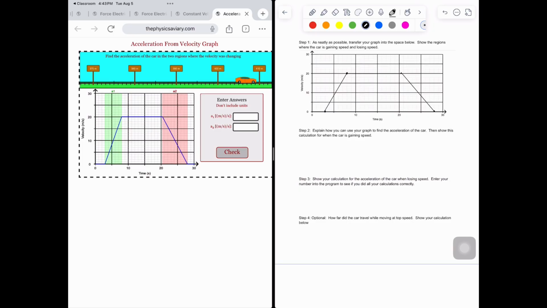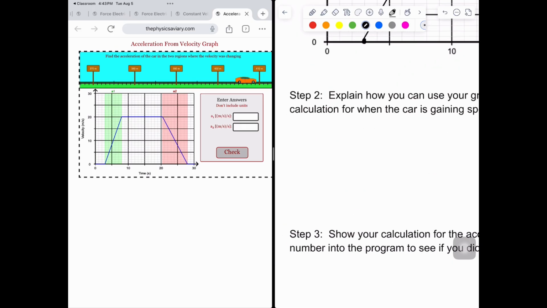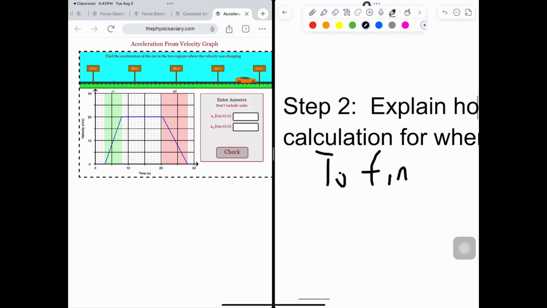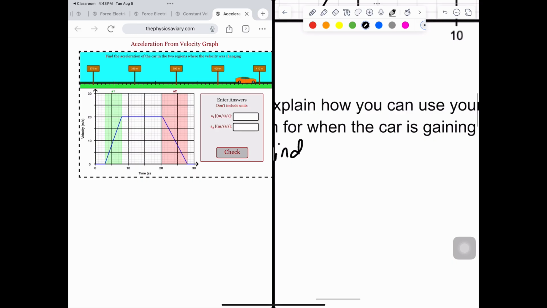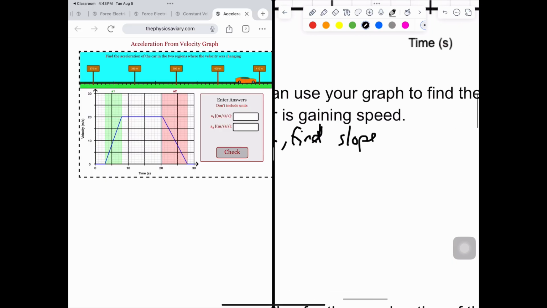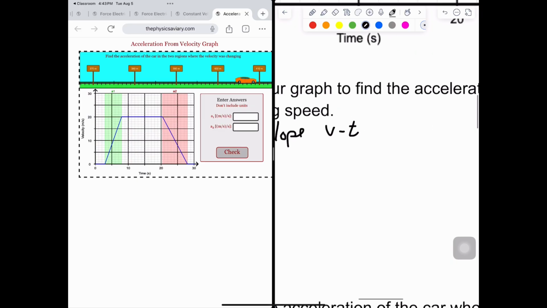Okay. Now that we've got it plotted, to find the acceleration, find the slope of the velocity-time graph.